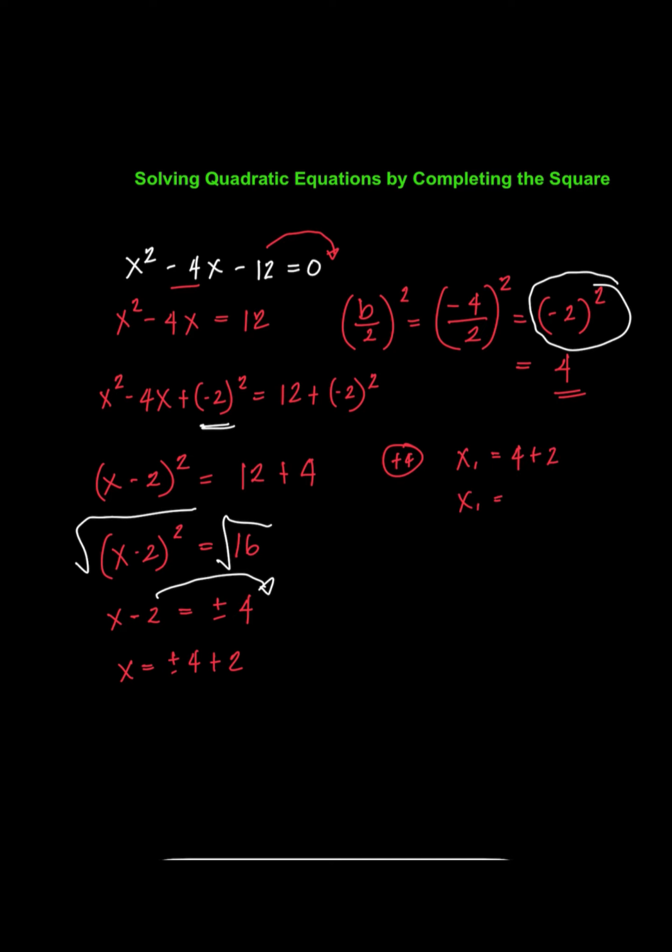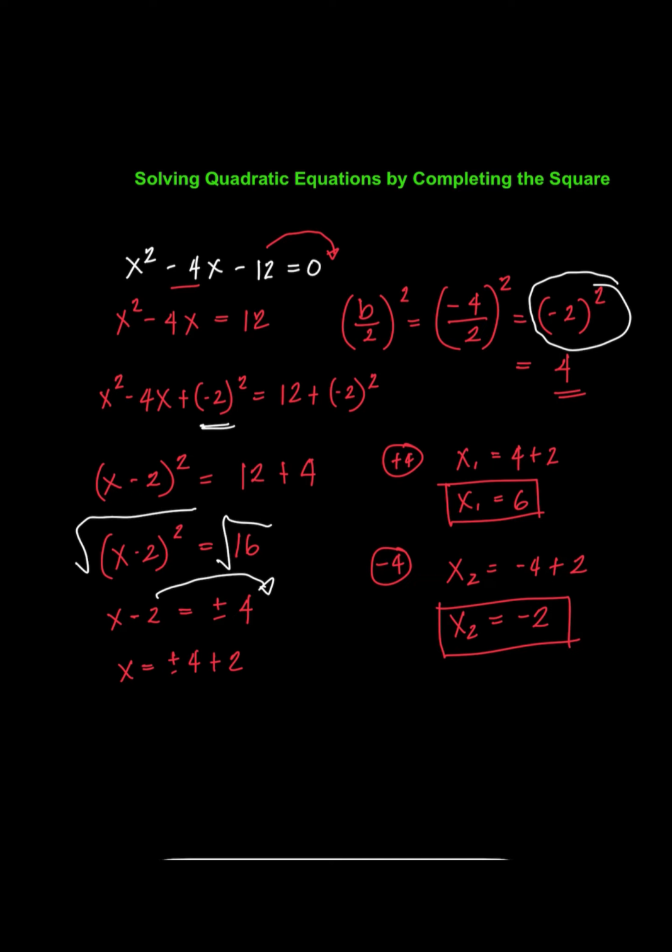So x1 is equal to 6. So yan yung unang value ng x. Next, gamitin natin yung negative 4. x2 is equal to negative 4 plus 2. So, x2 is equal to negative 2. So, yan yung dalawang value ng x. Positive 6 and negative 2. Alright?